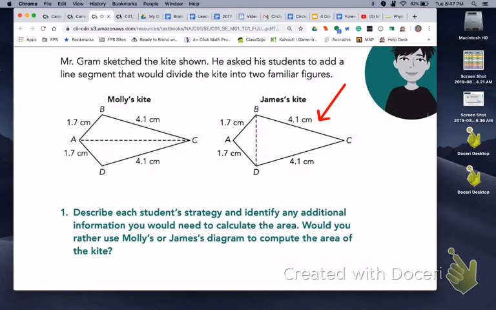To use James's strategy, you would need to know the length of base BD, the distance from point A to line segment BD, and the distance from point C to line segment BD.